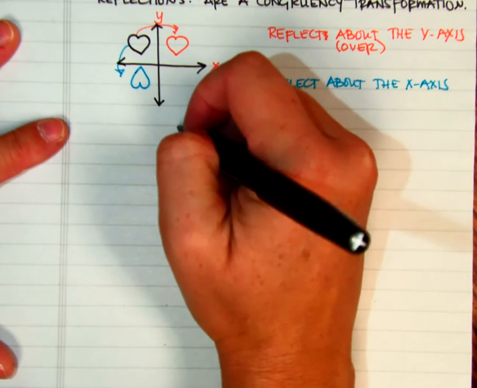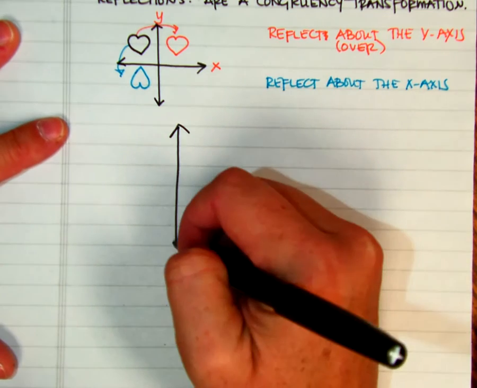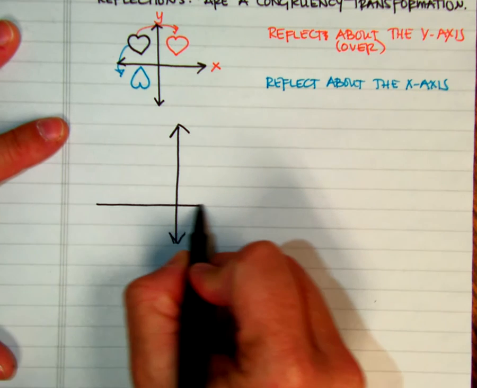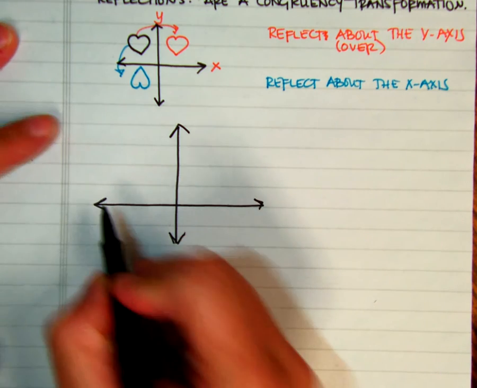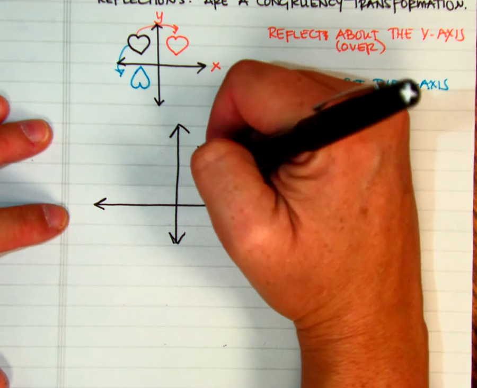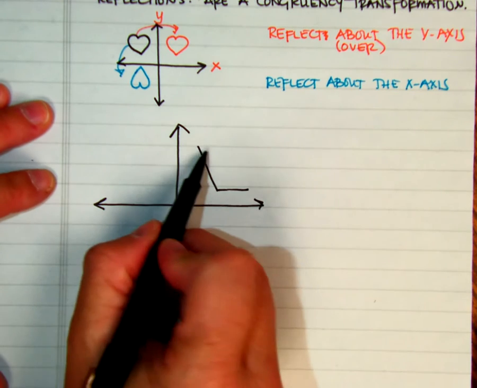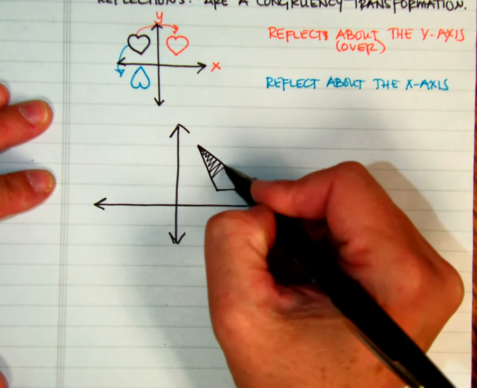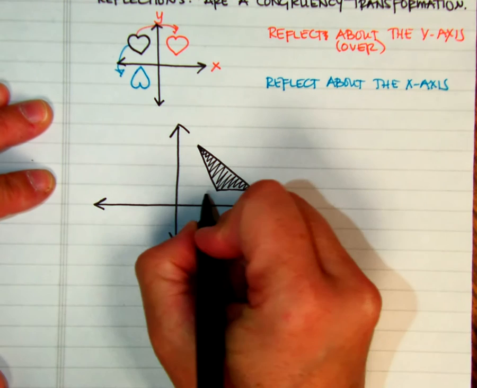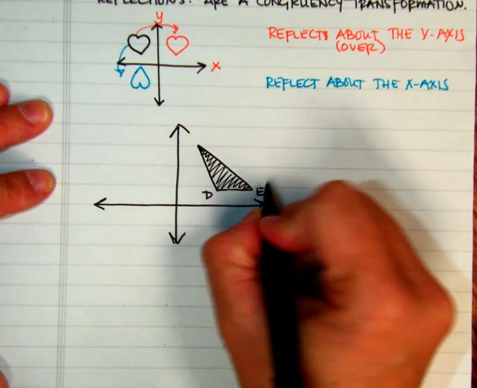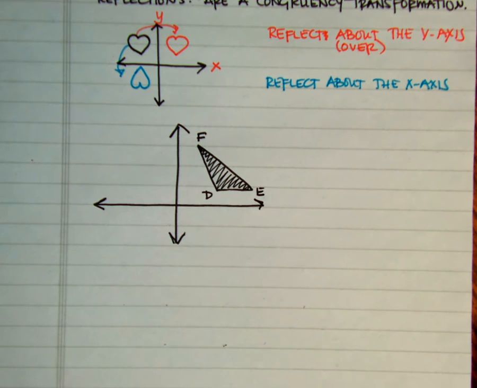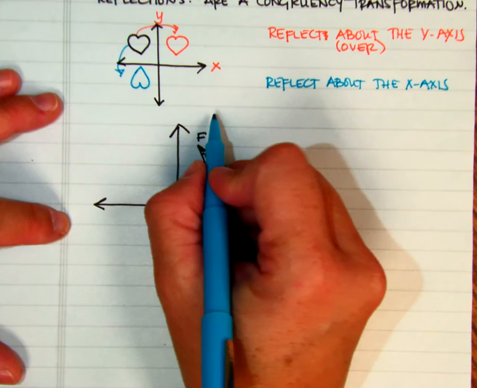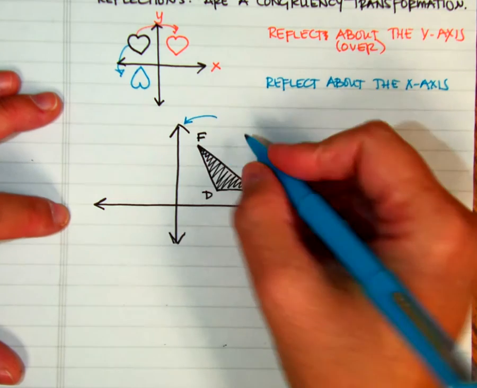Some specifics about reflections. I'm going to blow this one up fairly large so you can see the specifics. Okay, so if I have a figure, I'm going to label this as D, E, and F. When you're dealing with reflections, you are looking at the distance it is from what is called your line of reflection.